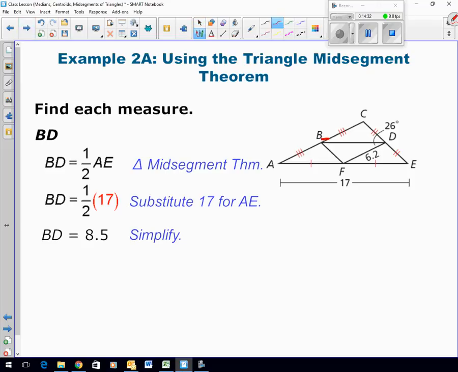BD is half the distance from A to E. BF is half the distance from C to E. And FD is half the distance from A to C. So if AE is 17, BD is half of that, which is 8.5.